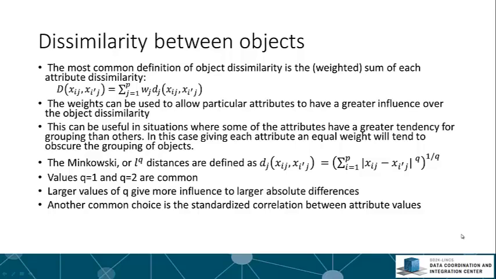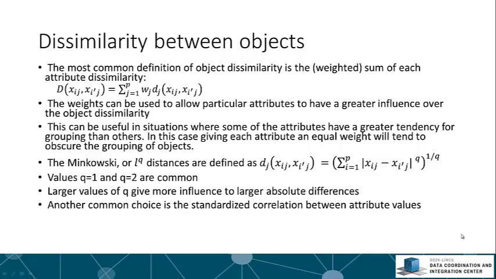An alternative to this are the Minkowski or the Lq distances. These are defined in a similar way, in that they're a kind of sum over the attribute dissimilarities. But in this case, the attributes are real values and they're raised to a power q, and then the sum is taken, and then this is raised to the power of inverse q.